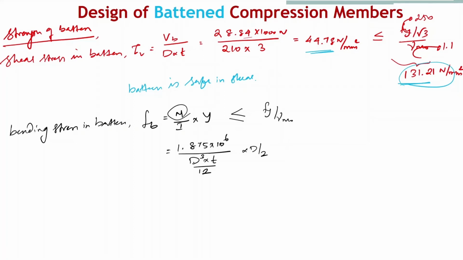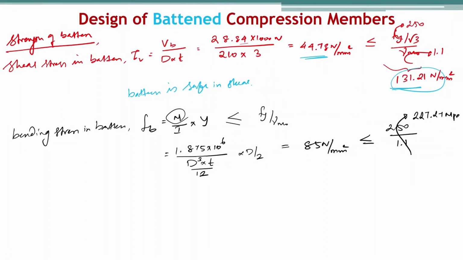So d is the depth of the batten, t is the thickness of the batten. So it is coming out to be 85 Newton per mm square. That is the bending stress due to applied moment. It is well below the maximum permissible stress, 250 by partial safety factor gamma m0, this value is 227.27 megapascal.